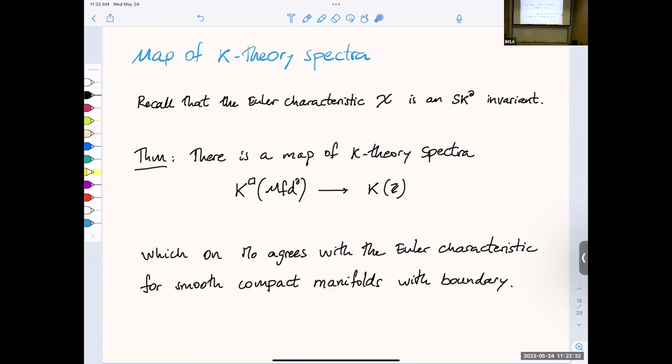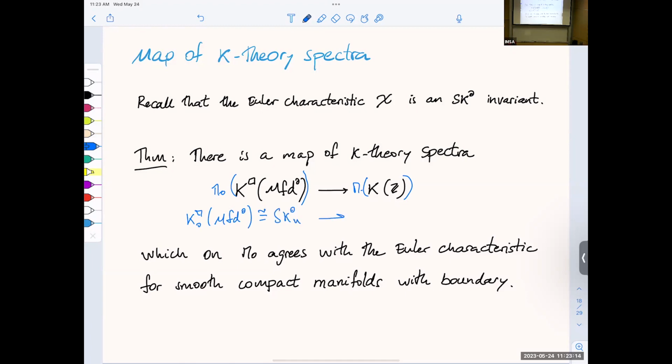In our first collaboration, we also investigated a lift of the Euler characteristic. You do have a map of K-theory spectra from the K-theory of this category with squares of manifolds to K of C. If you take pi naught on both sides, what you get on this side is pi naught of your K-theory, but we've just seen how that is just SK boundary.